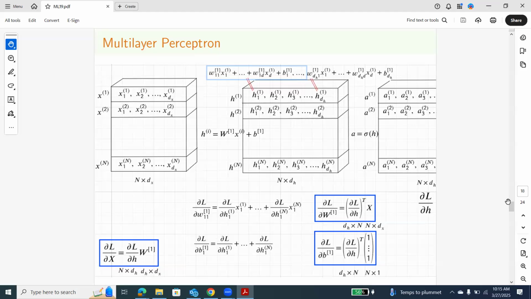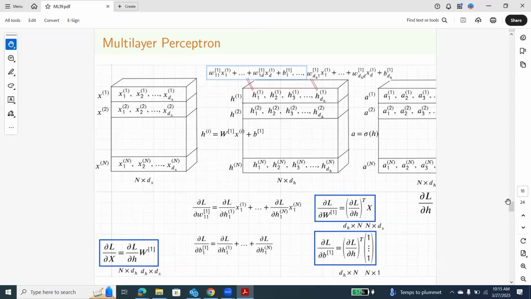The derivative of our loss function with respect to matrix H, but transposed, because again, H is a column, but here it's a row, times X. And finally, the derivative of our linear layer with respect to the bias term.